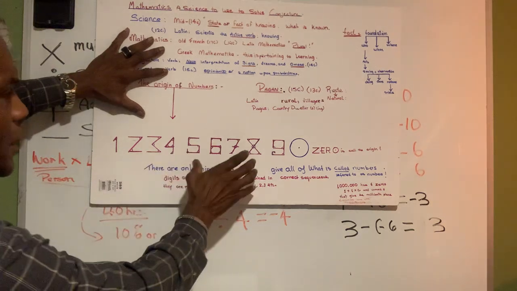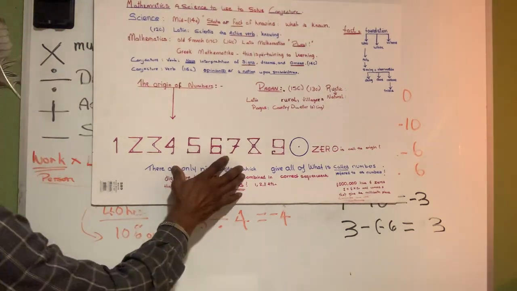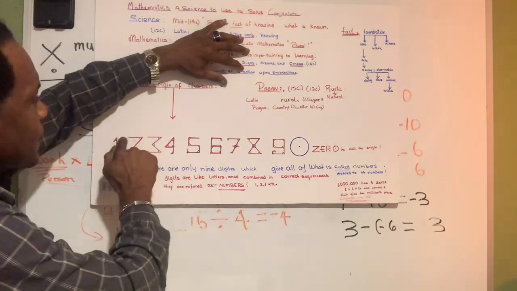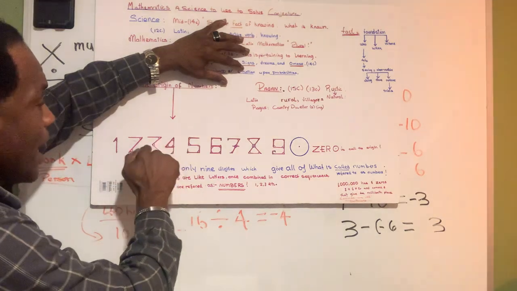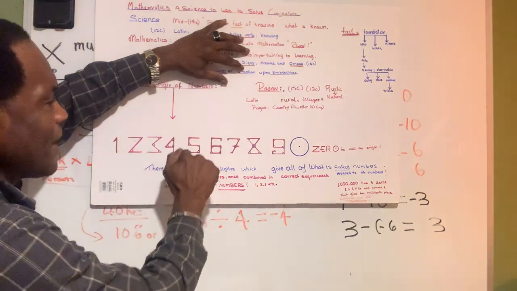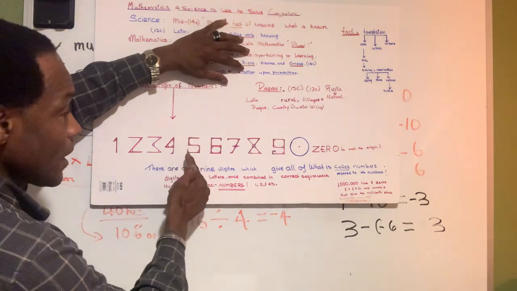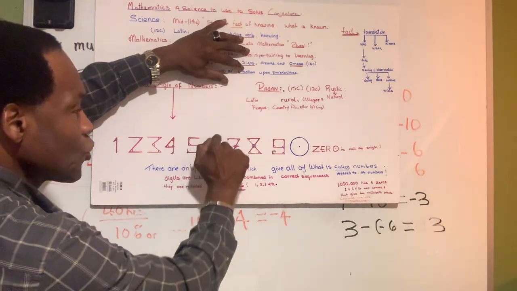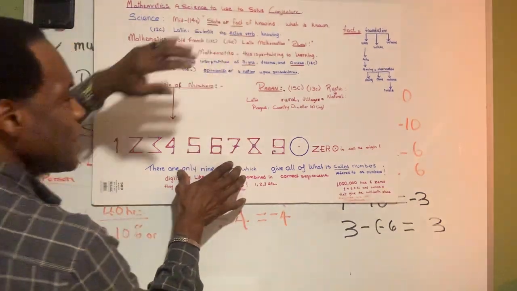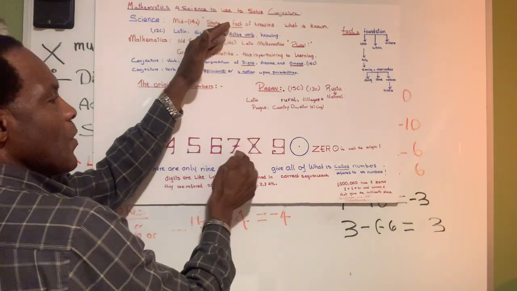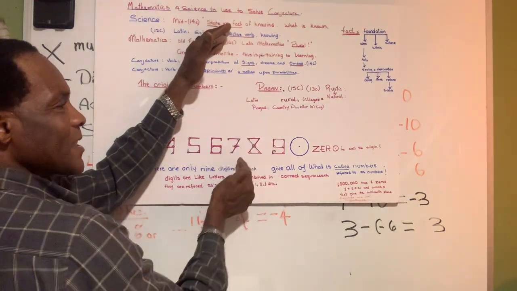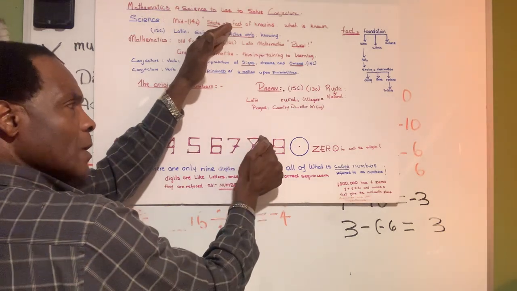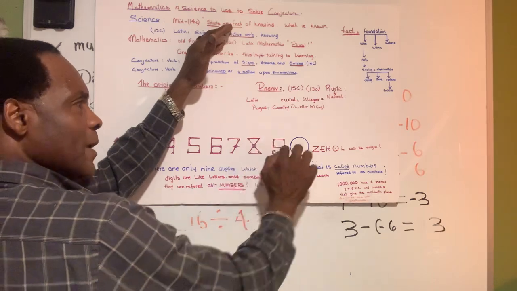If you look at what appears to become the modern day writing of numbers, this looks more like a Z. This looks like an N upside down. The 5, if you look at it, you can actually get a triangle from it. The 6 can be put together to give you 2 squares, and the 7 can be a square if you bring the line straight down and join. And the 8 is actually an X, but if you put them together, you can get what you call a rectangle. The same thing with a 9.